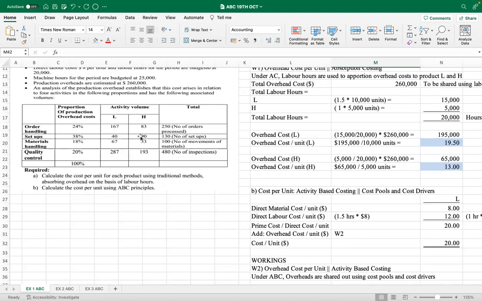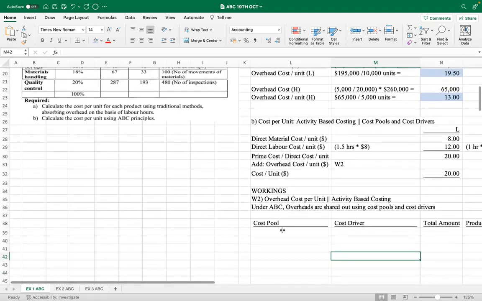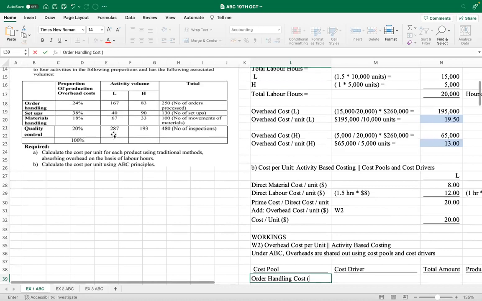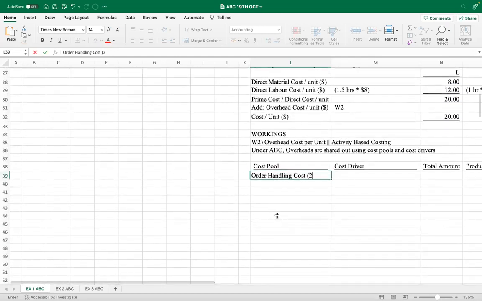So cost pool, order handling costs is 24%, times 260,000.